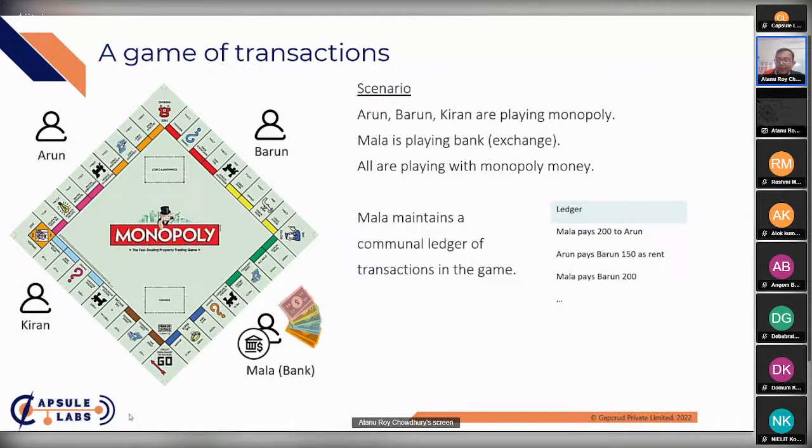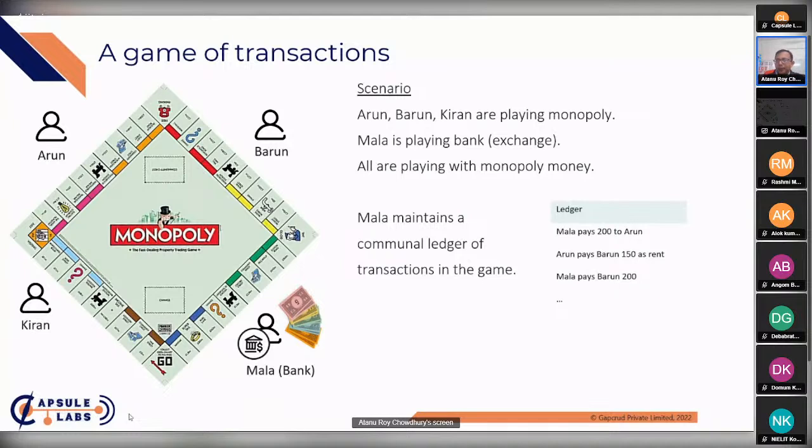So be it poker, be it if you're playing a game with some other currencies, it does not matter. But at the end of the day, what matters is it's a game. It's got a set of rules, and as each turn is played out, each turn constitutes a transaction, right?